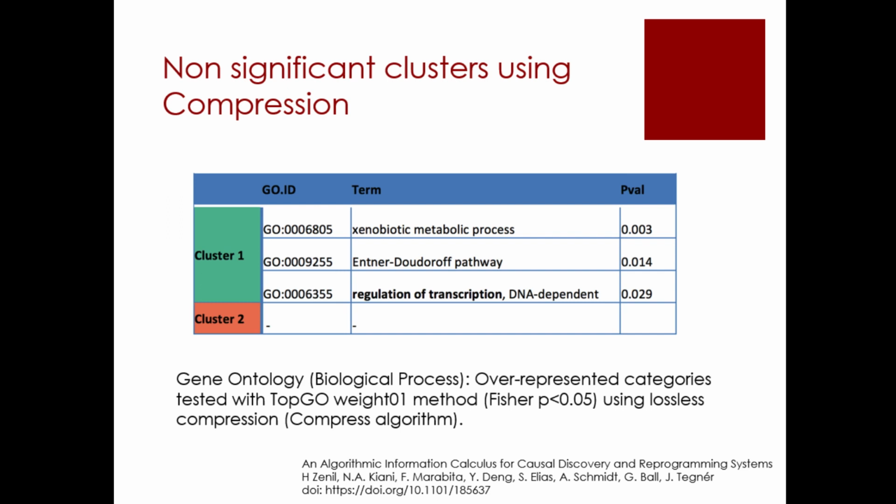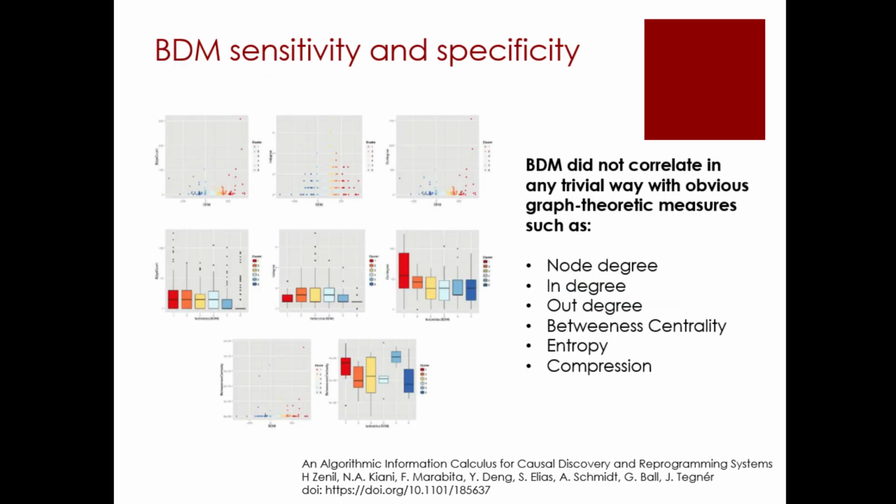Moreover, unlike graph-theoretic measures that can be described as single or composed functions of other graph-theoretic measures, BDM was not found to be correlated with any of the most popular measures, such as lossless compression, Shannon entropy, but also node degree, in degree, out degree, between centrality.